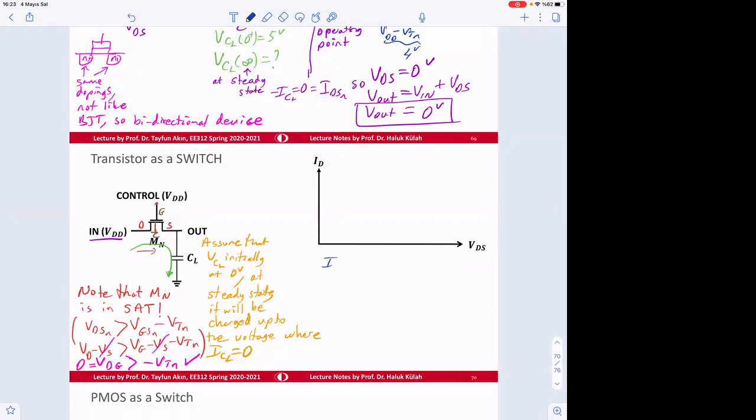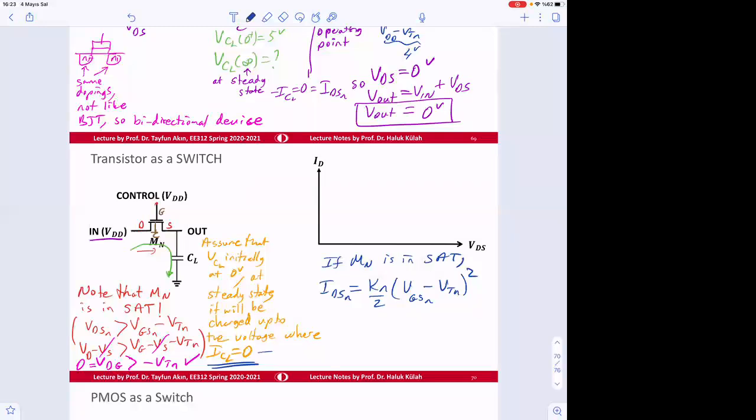So if Mn is in SAT, then IDS of n is going to be equal to Kn divided by 2 times V gate to source of n minus Vtn squared. And we say that this is going to be until ICL is equal to 0.